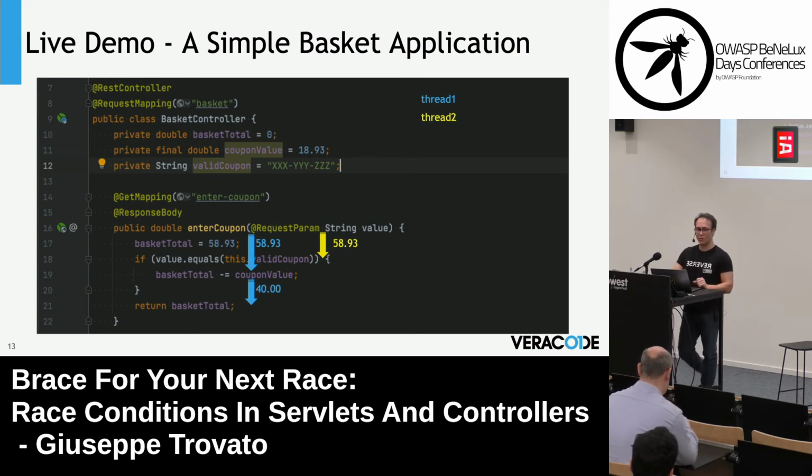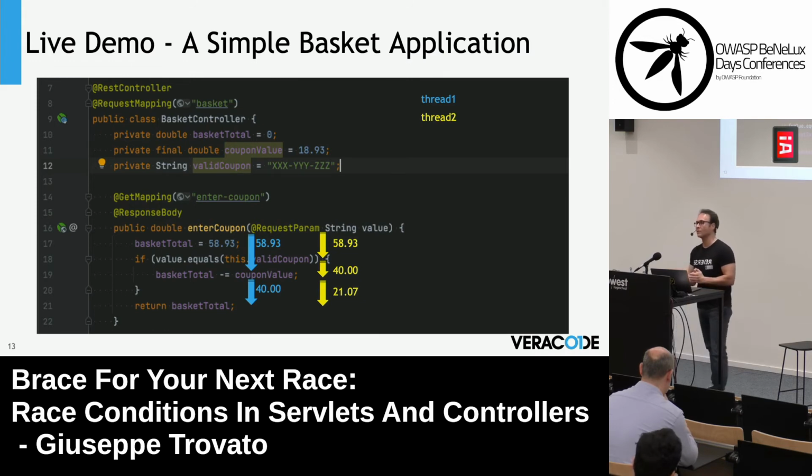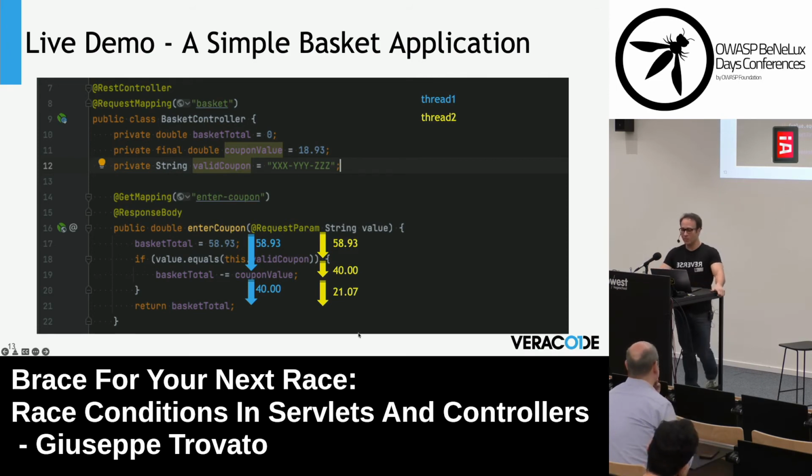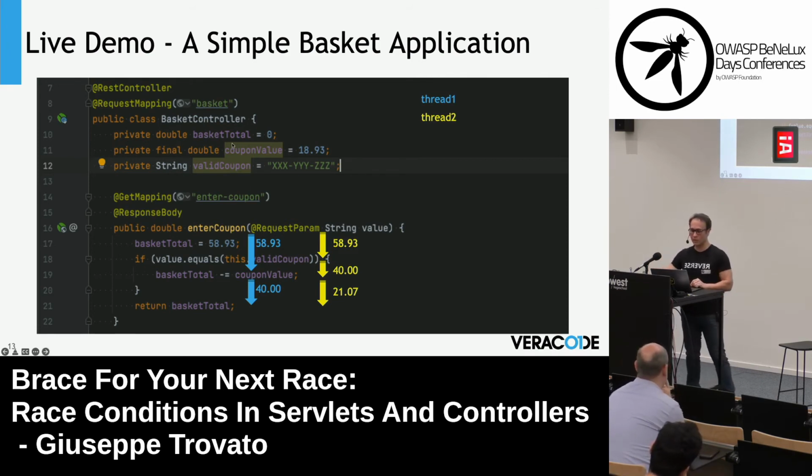Then the first thread goes on, subtracts the value of the coupon, and gets to the basket and returns the final value. The other thread, now that it is going to do the subtraction, will subtract the value from the basket, but the basket is now 40. So it subtracts again, and that's why we get 21.07. In this case, the problem is because of this variable here, basket total.